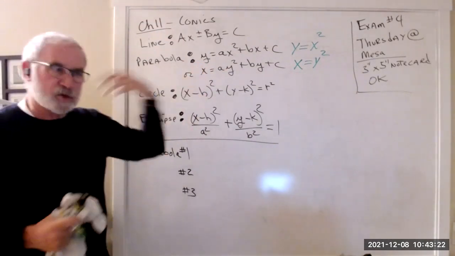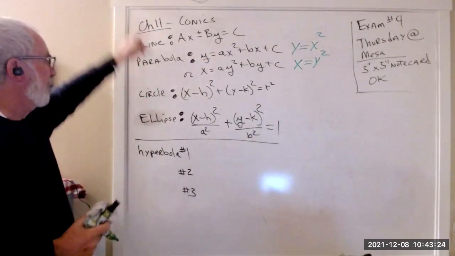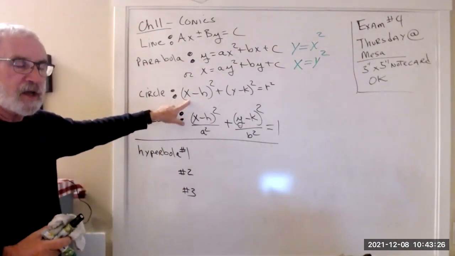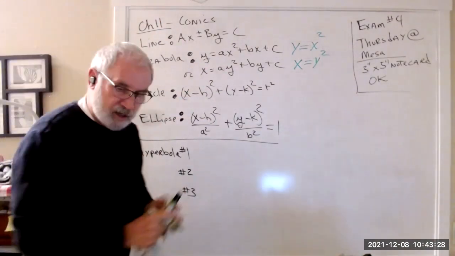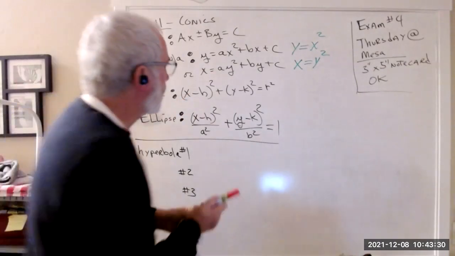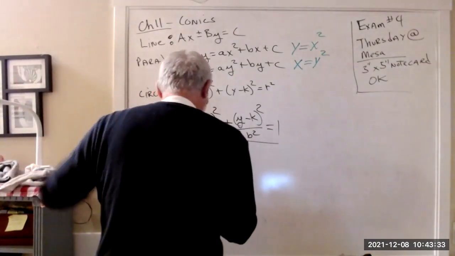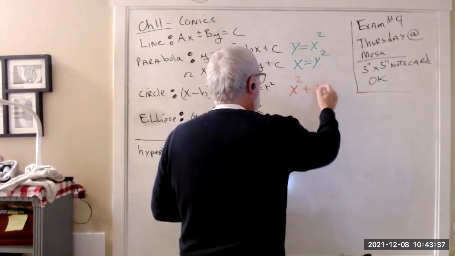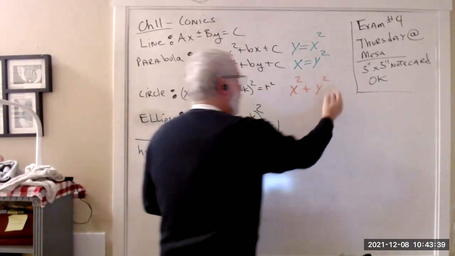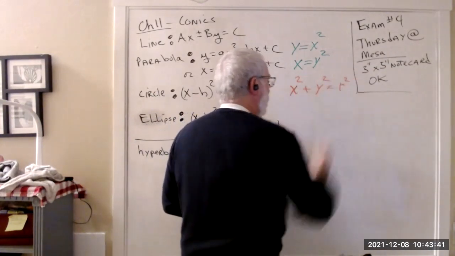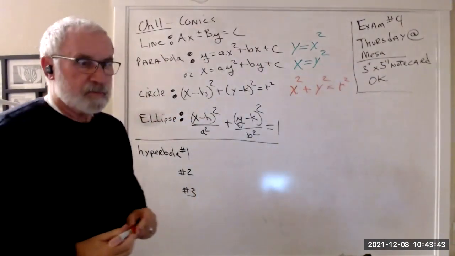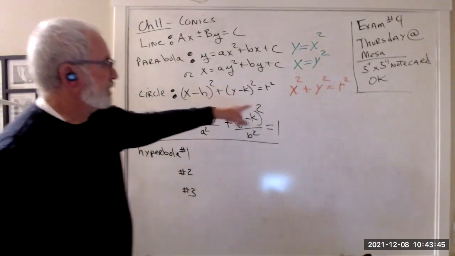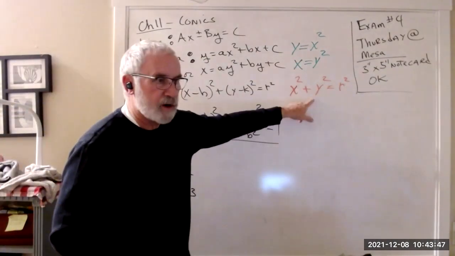Then we started actually on conics starting with circles. Basically, a circle has an X squared and a Y squared and an R squared. The X is squared, the Y is squared.